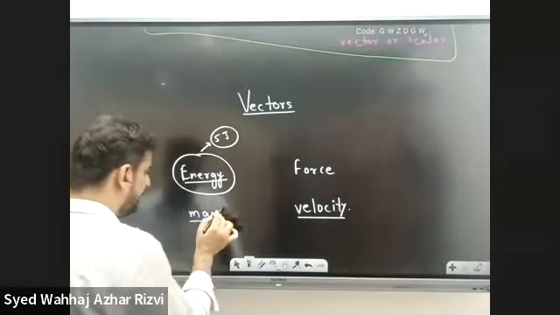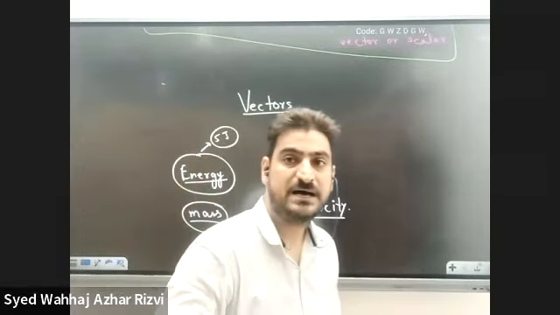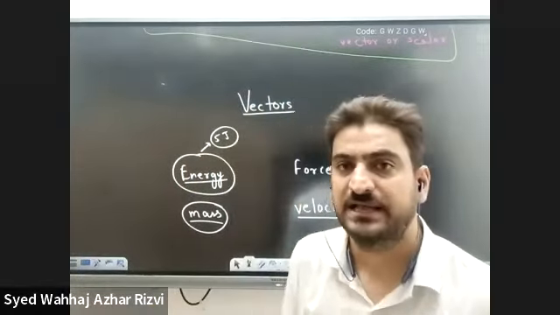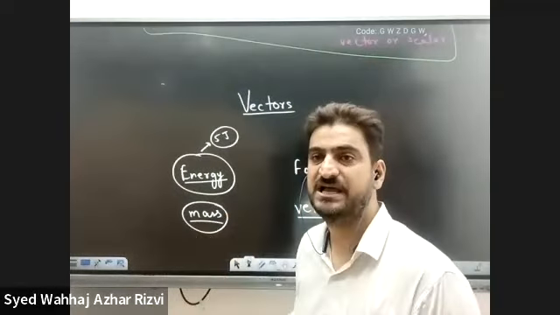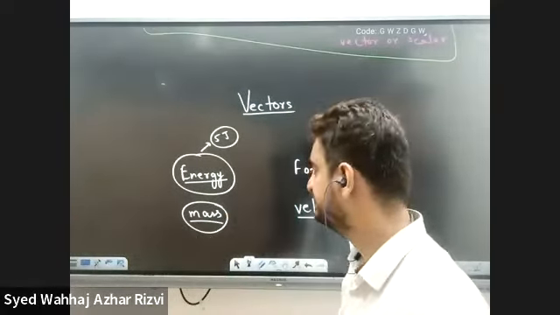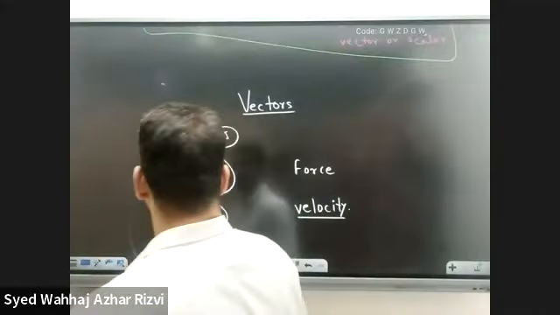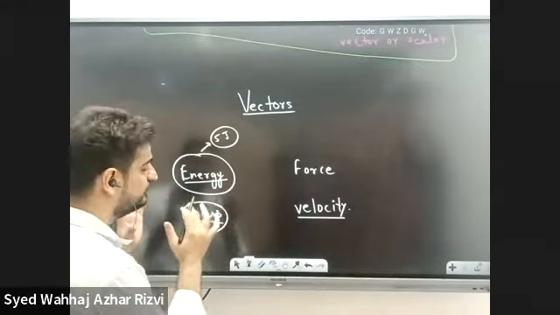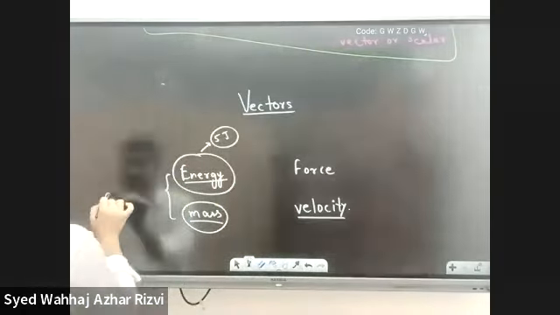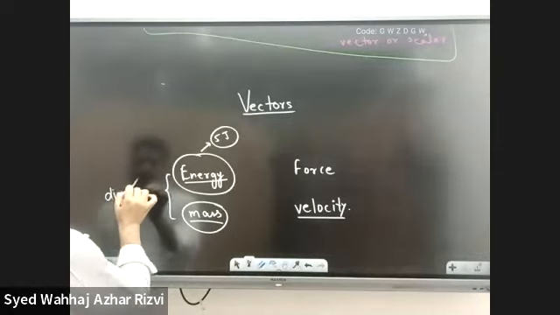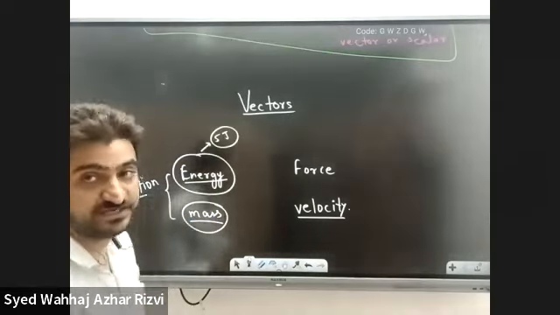Also mass, 5 kg, 2 kg, 7 kg, how much amount of matter a body contains is given by the mass, and it does not have direction. So the idea of energy and mass does not require the specification of direction.